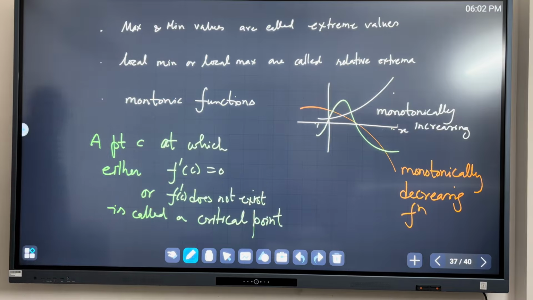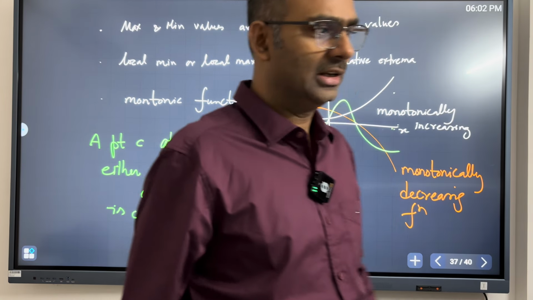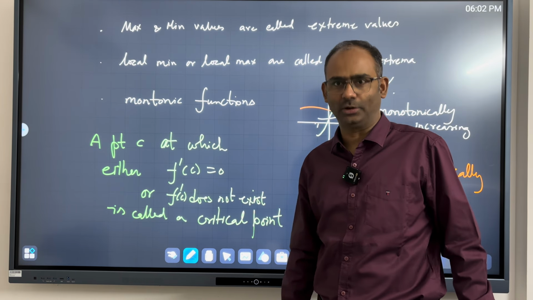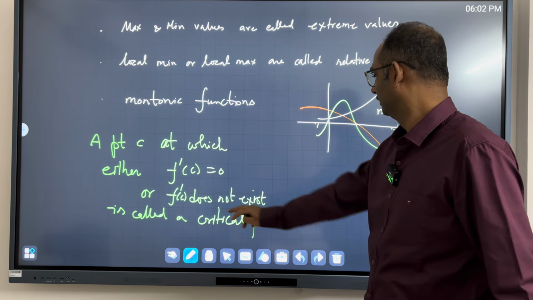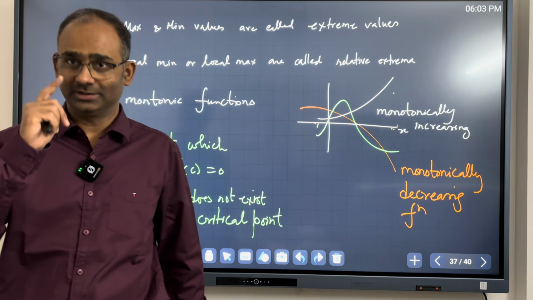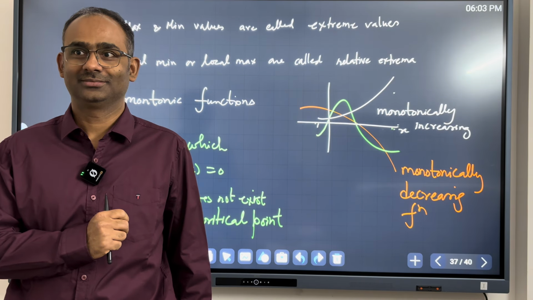So when you are asking for local extremum, you are first going to try to find out the critical points, say where the derivative is 0. But a critical point also refers to those points where the derivative does not exist. It could be a kink, it could be something else also. Infinite.